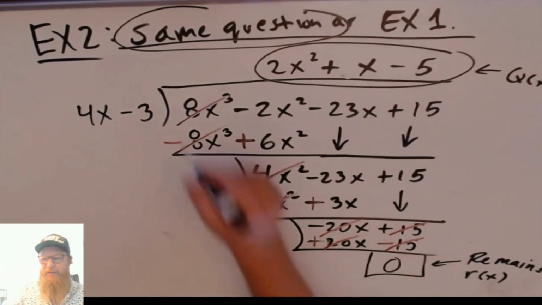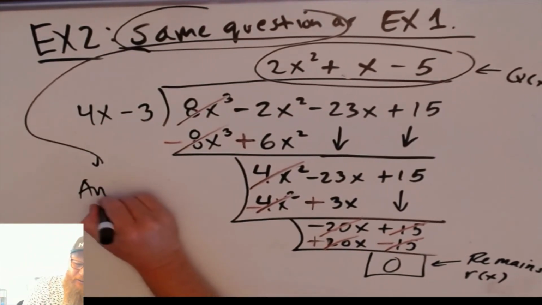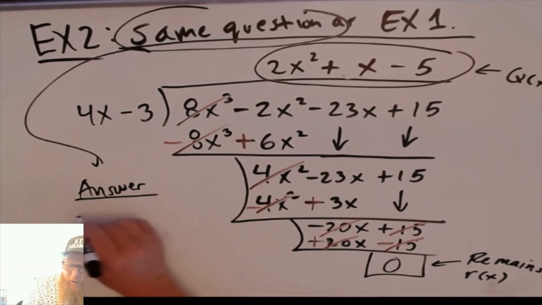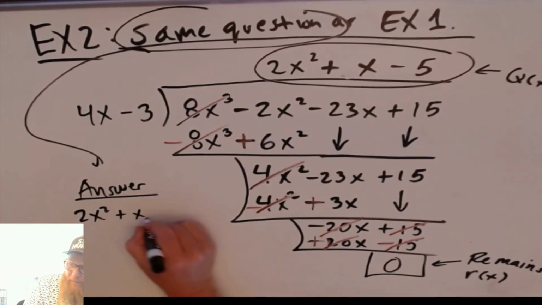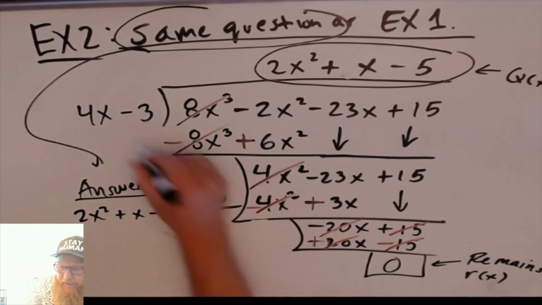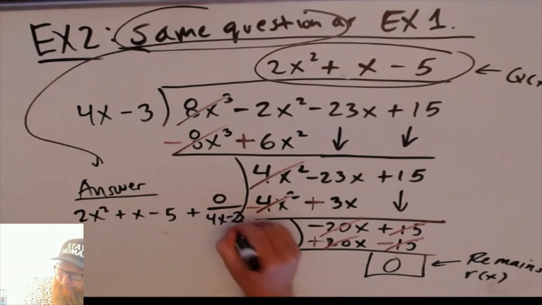So first of all, let's go ahead and answer the question. The answer is Q of x plus R of x over D of x.